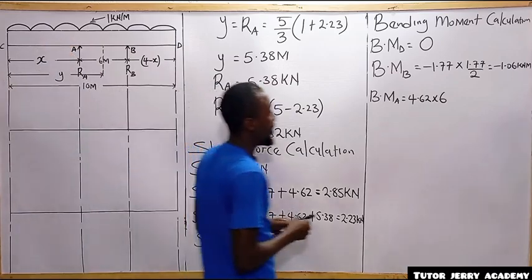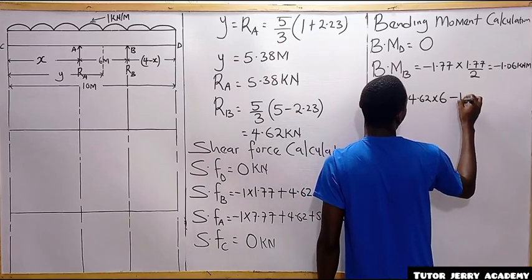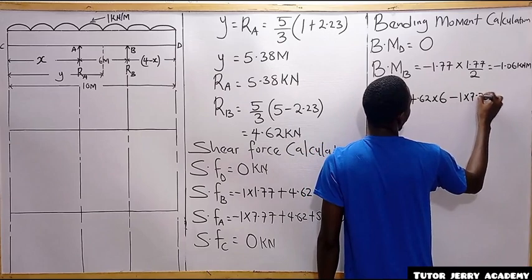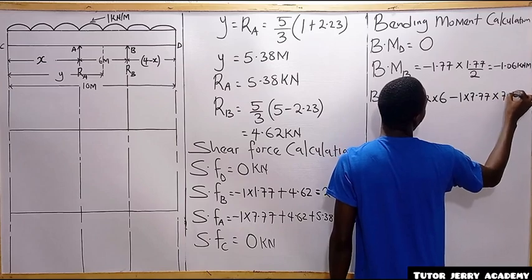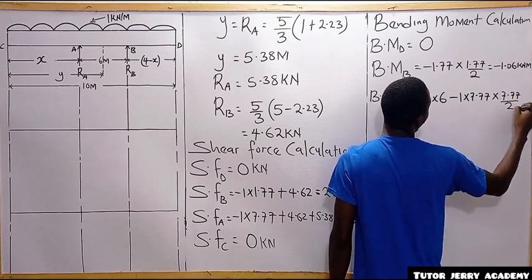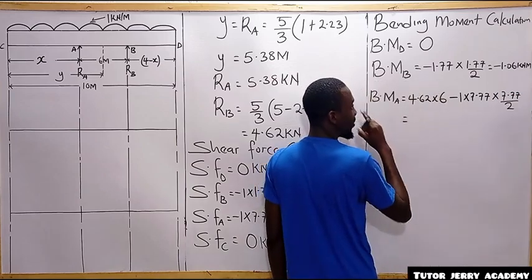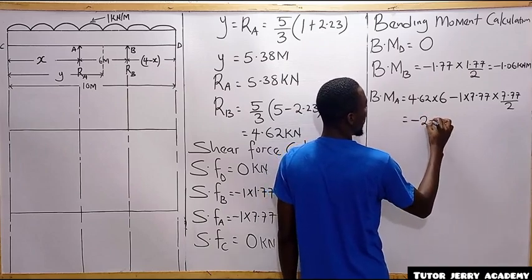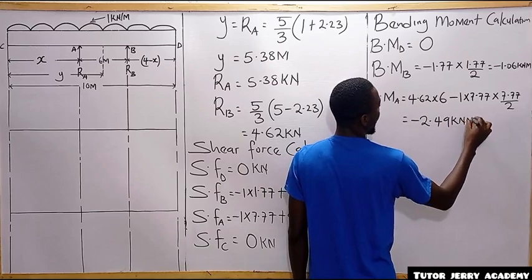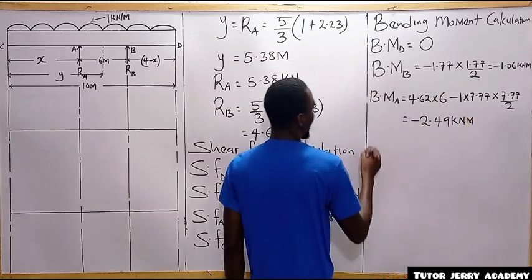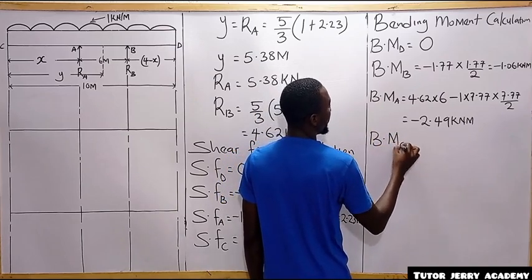So it's going to be minus 1 times 7.77, and the distance it covers is 7.77 divided by 2. If you do your math, you are going to have your answer to be minus 2.49 kilonewton meter.